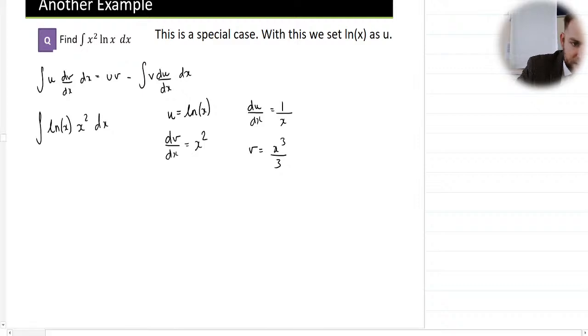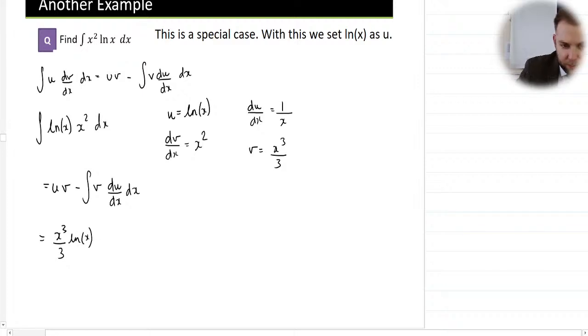Then I'm going to substitute into the formula, which is equal to u v minus the integral of v du by dx with respect to x, which is equal to, well, u times by v is going to be x cubed over 3 ln x.